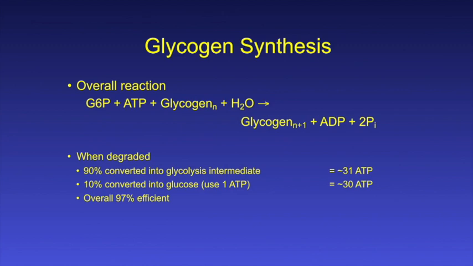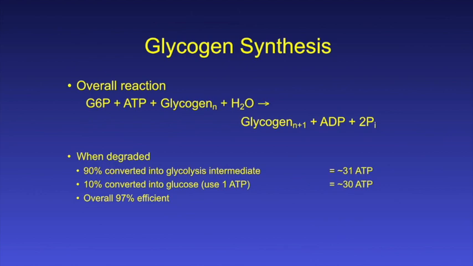That means if I put glucose onto glycogen, at least 90% of it, I only lose 1 out of a potential 32 possible ATPs. Now, every 10%, the branch point comes off as a glucose, so I have to use 1 more ATP to get it back to glucose 6-phosphate. So I get 30 of 32 potential ATPs.